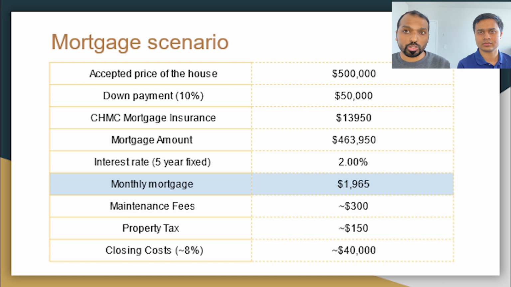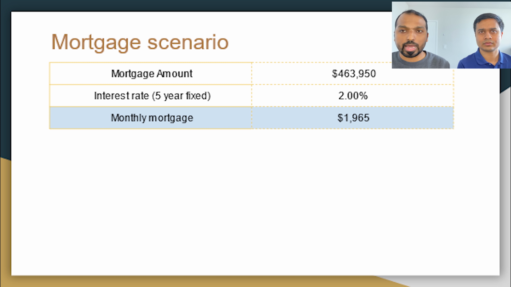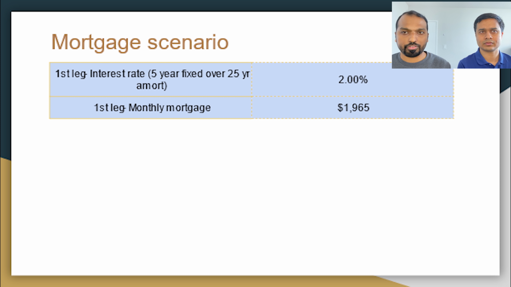Assuming you've gone for a 5-year fixed rate of interest of 2%, your monthly mortgage comes to 1965. Now this is your first leg of the mortgage, where you have taken a fixed rate of interest for 5 years and amortized over 25 years.